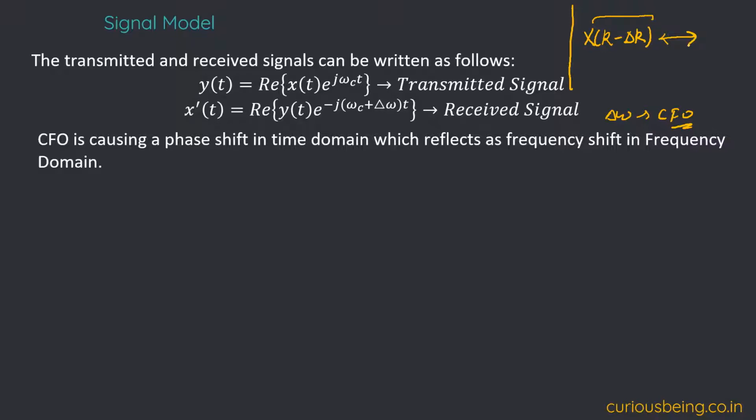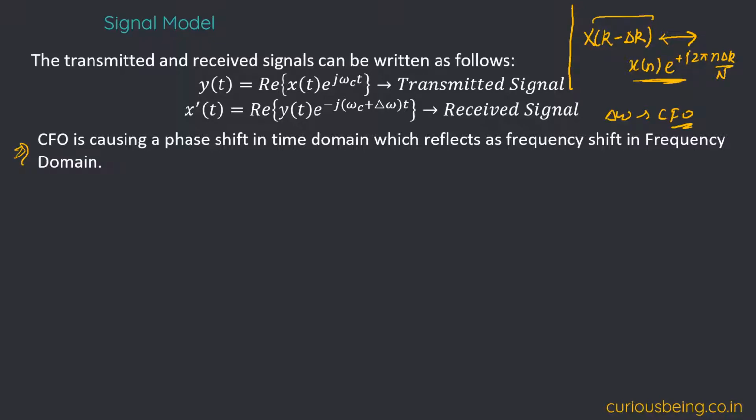Its equivalent time domain signal is like this. So this shows this statement: CFO is causing a phase shift in the time domain.